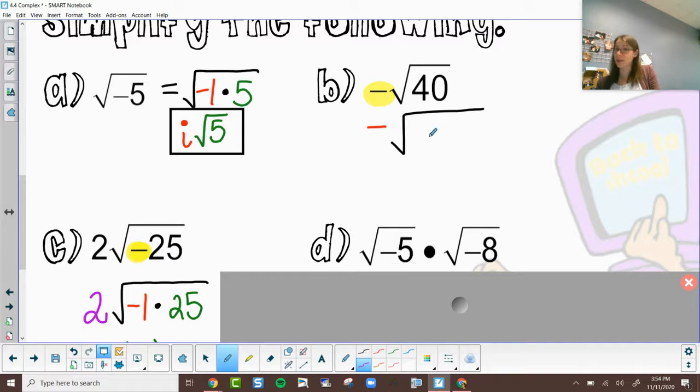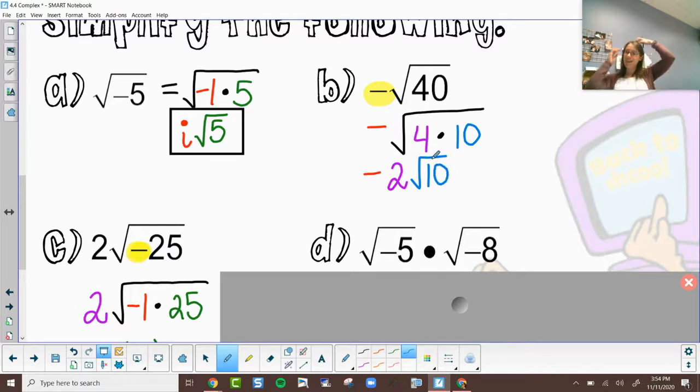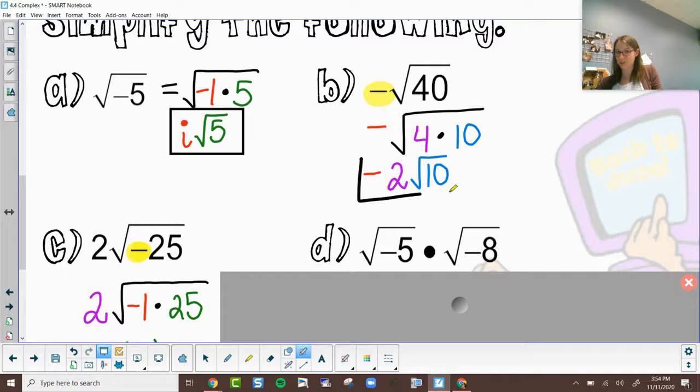I do know that 40 is the same thing as 4 times 10. I know the square root of 4. That happens to be 2. Square root of 10, well, that's not going to get any smaller. So I'm just going to leave it as square root of 10. So there are ways that we can continue to simplify roots.